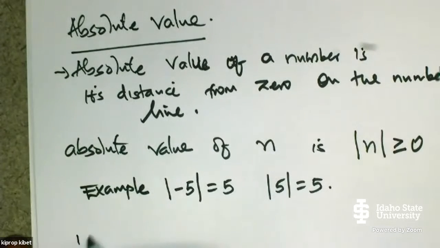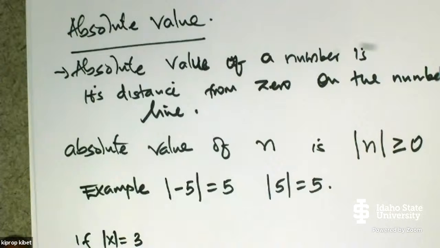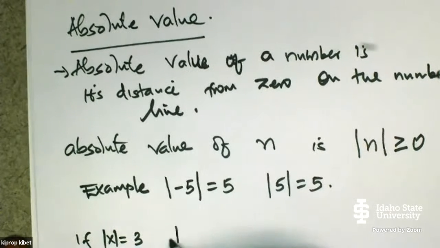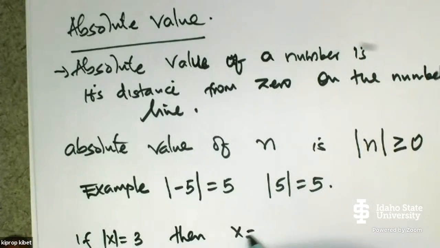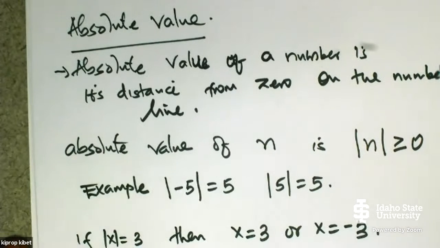Now, let's say the absolute value of x equals 3. Then x equals 3 or x equals minus 3.